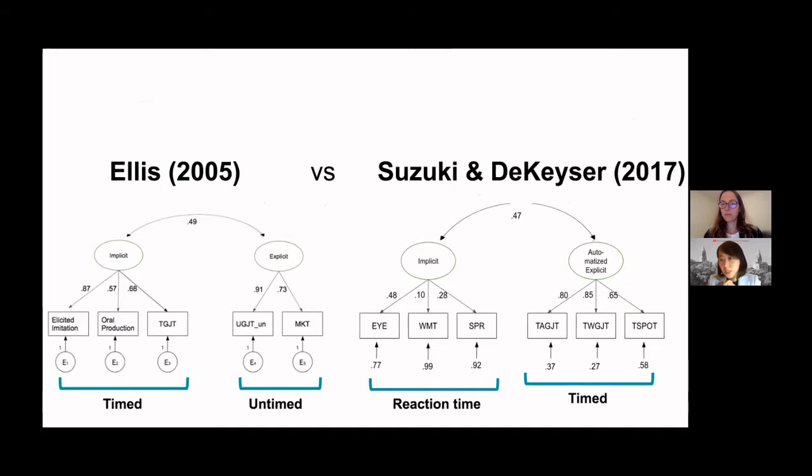And in 2017, Yuichi Suzuki and Robert DeKeyser proposed a different model from Ellis 2005, where they claimed that the timed accuracy measure that was proposed to be an implicit knowledge measure by Ellis 2005 could be measuring automatized explicit knowledge instead. And Suzuki and DeKeyser proposed that the reaction time measures could be tapping into implicit knowledge instead.